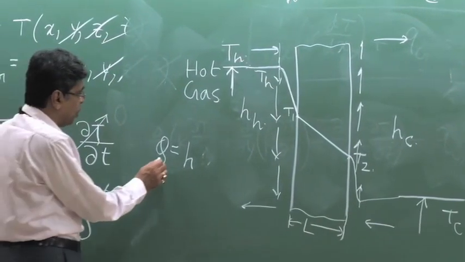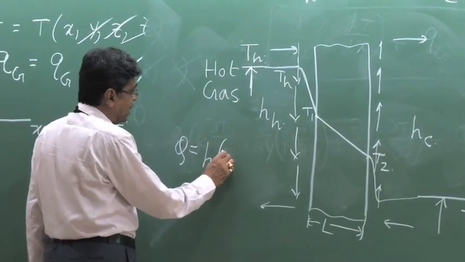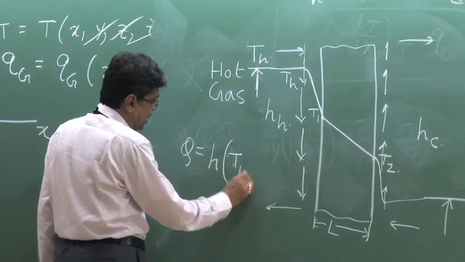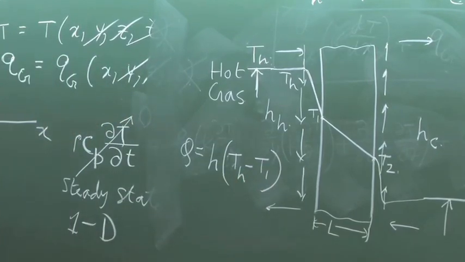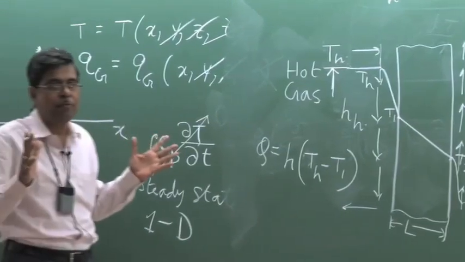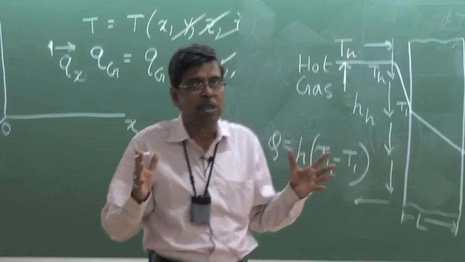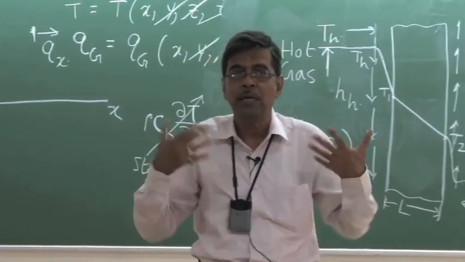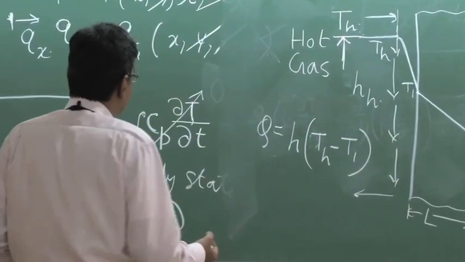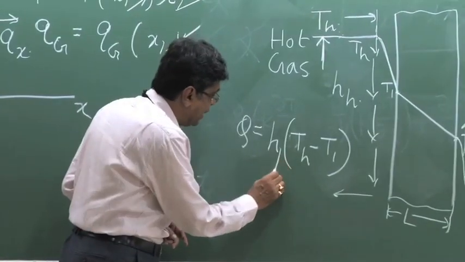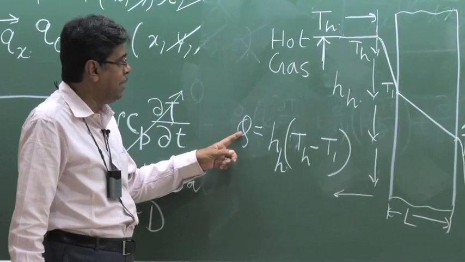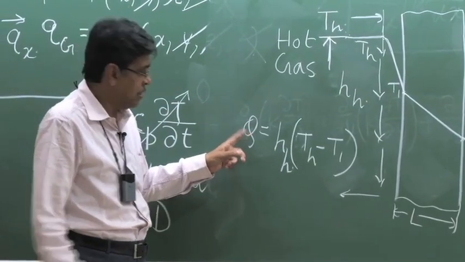Then we know from convection heat transfer that Q can be defined as TH minus T1. As I told you in one of the earlier classes, we don't have to know anything about the mechanism of convection, but whenever we know the heat transfer coefficient H, then we can relate the heat flux into area.